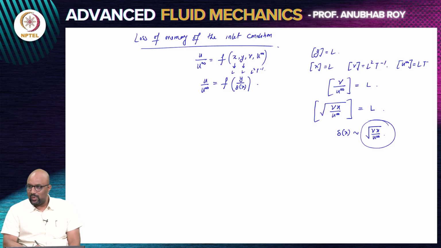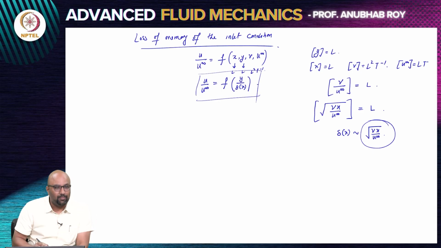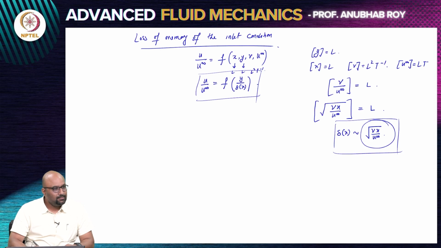It is similar to square root nu t that we saw earlier, in terms of diffusion, where we are trying to draw this analogy between time and the streamwise coordinate. There it was square root nu t. Here similarly there is a square root nu x, but based on dimensional argument it has to be square root nu x by u infinity. So you will expect your solution to take this particular form, where delta x should be something like this.